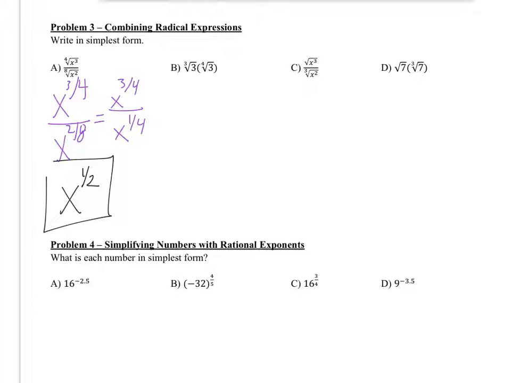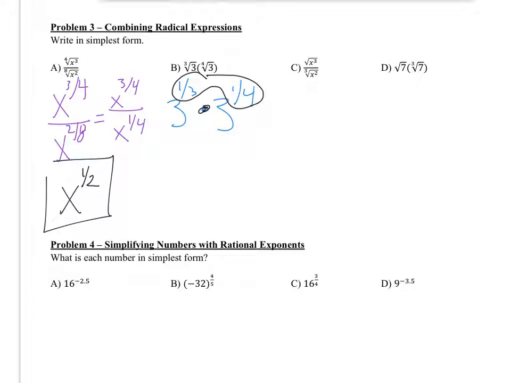So this next one, this is the same thing as rewriting as 3 to the 1/3 times 3 to the 1/4. Now, when we did this before, and we just had the radicals, we would say, oh, I can't do that because the indexes are different. When we change this now into exponential form, we have that property of exponents, because we know that when we're multiplying, we can add our exponents.